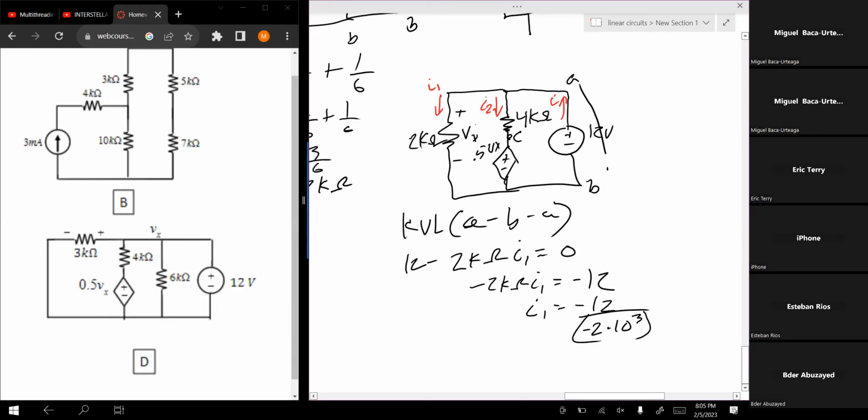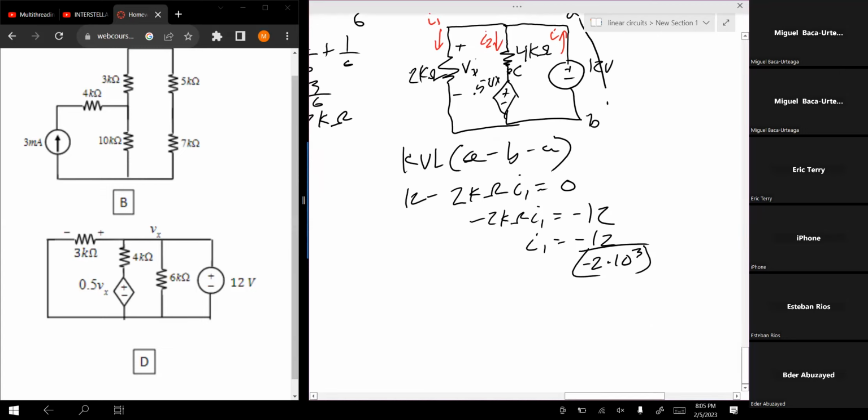Does that make sense there? Because it's 2 kilo ohms. So with this, you're going to get what's basically 6 milliamps, or 6 times 10 to the negative 3, right?